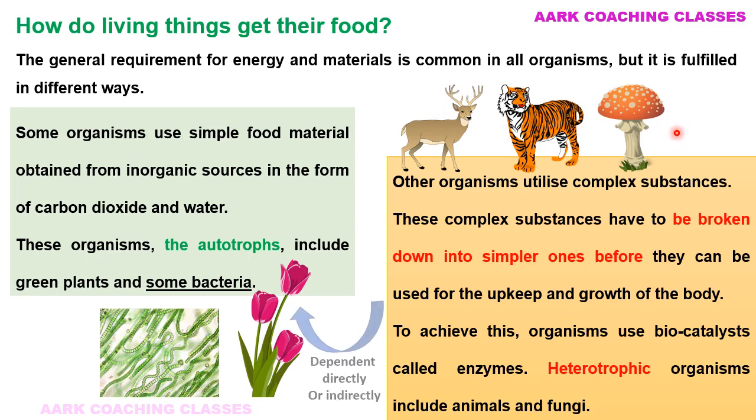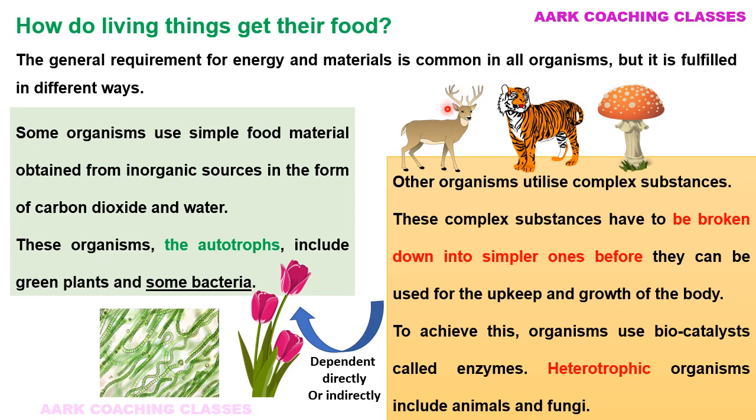Now, these heterotrophic organisms are dependent directly or indirectly on the autotrophs. You must have studied this in food chains, etc. So for example, a deer, a herbivore, is directly dependent on autotrophs, plants. So the deer will eat plants, grass, etc.